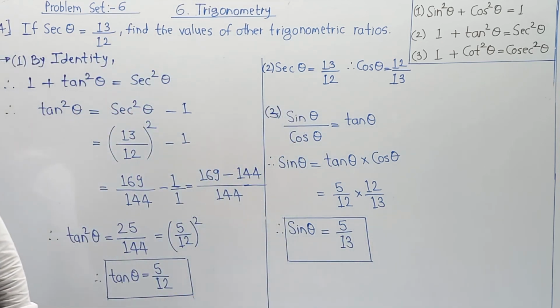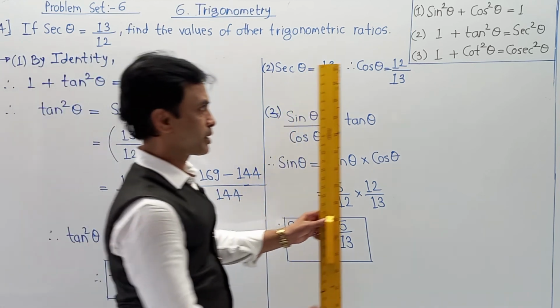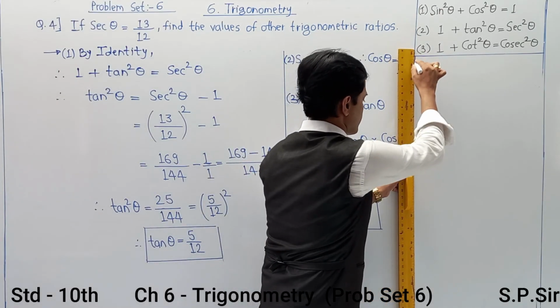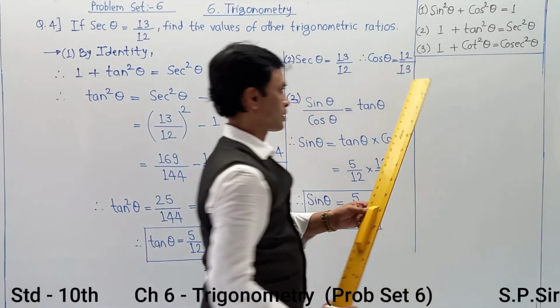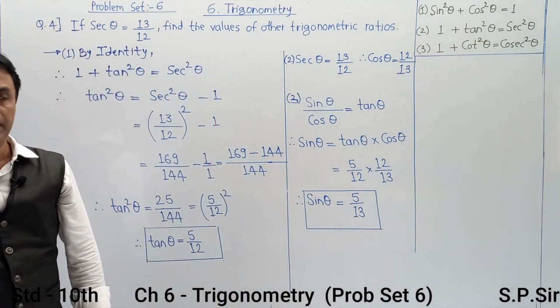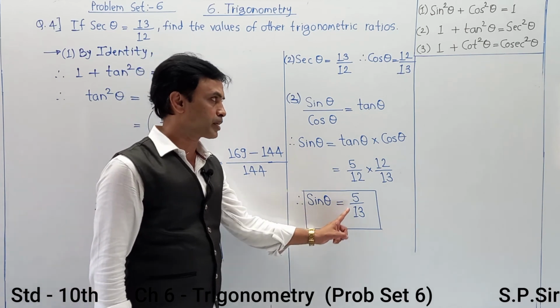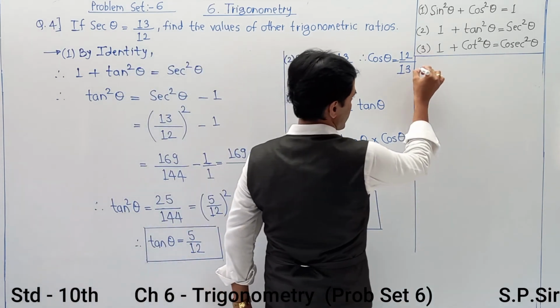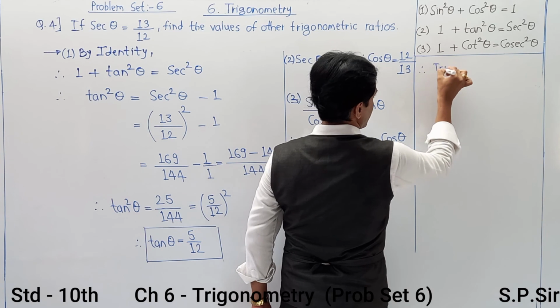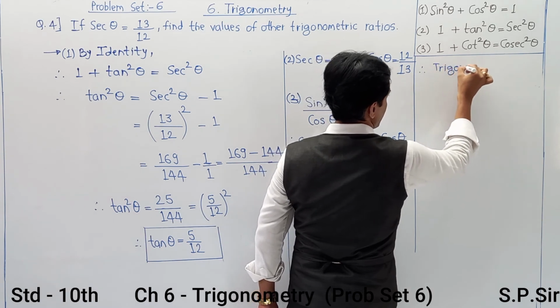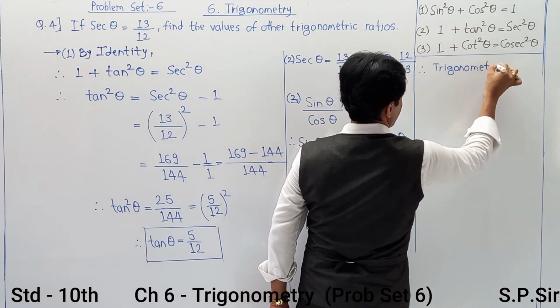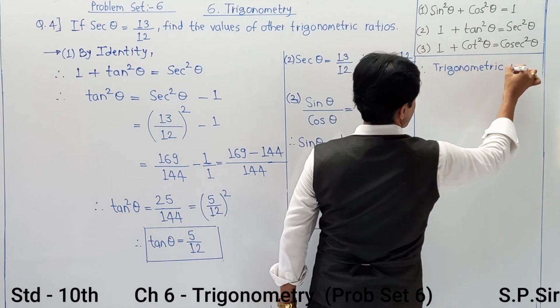Now you are almost done with all values, and the last part is that here one by one you can write the values and their reciprocals. So, the trigonometric ratios.